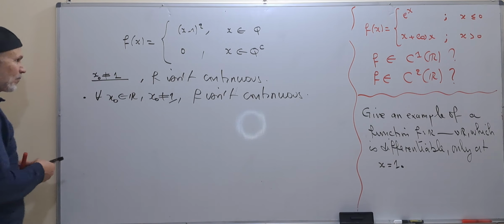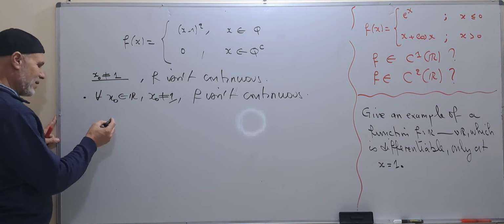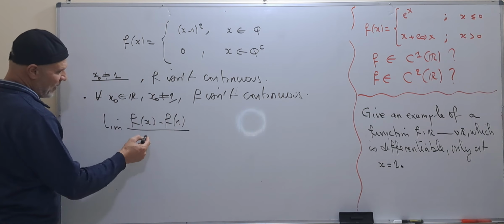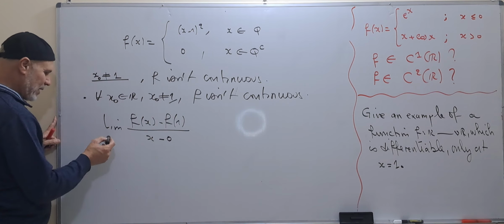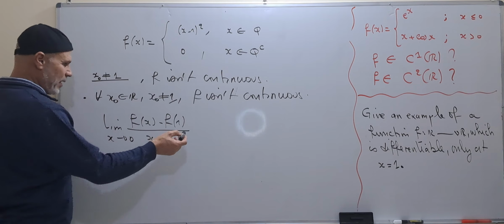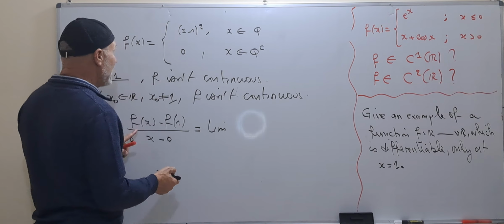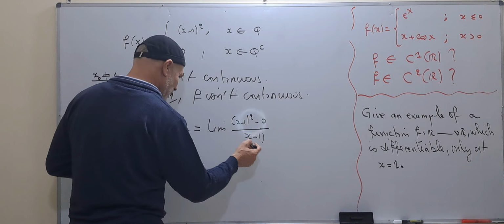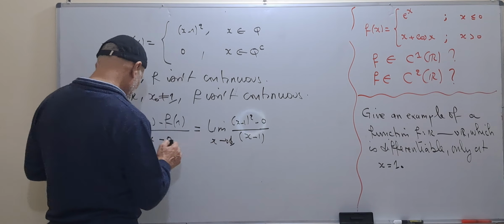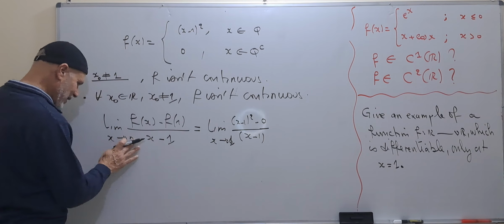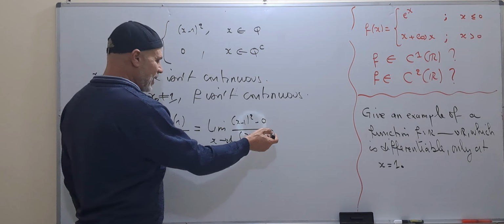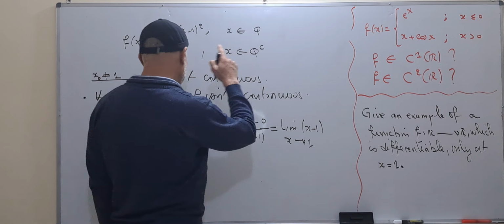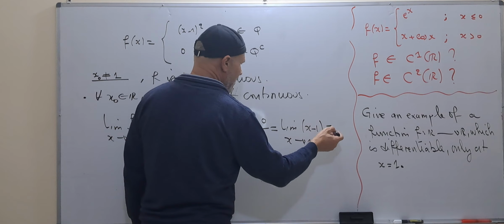Why is it differentiable? Because if we consider the limit of (f(x) - f(1)) over (x - 1) as x goes to 1, this is equal to the limit of ((x - 1) squared - 0) over (x - 1), as x goes to 1. This is equal to the limit of x - 1 as x goes to 1, and we use the same technique, the characterization, to prove that this is equal to 0.